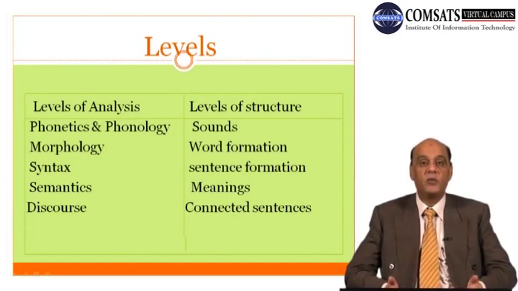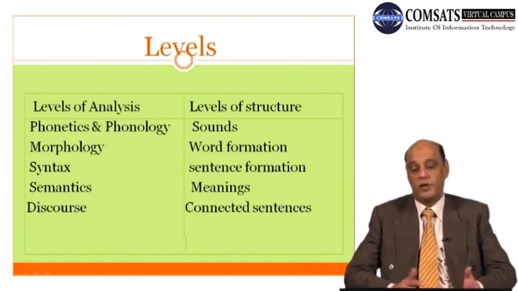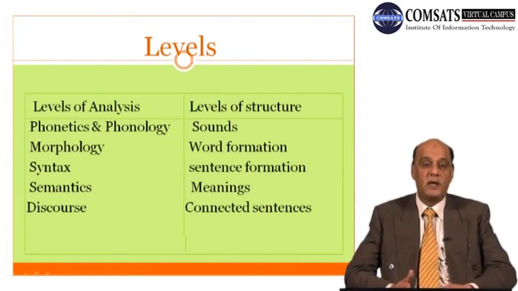So in semantics, we talk about the meanings of the sentences and the meanings of the words in certain situations, how these words are used, and sometimes when the situation changes, how the words are replaced. So it basically talks about the meanings of the words and the meanings of the sentences.